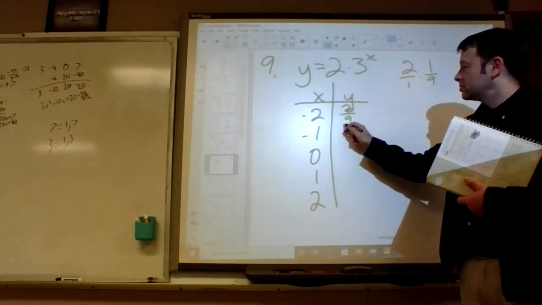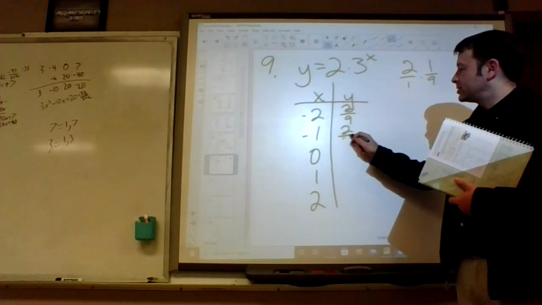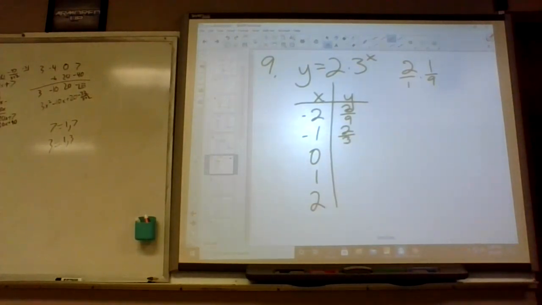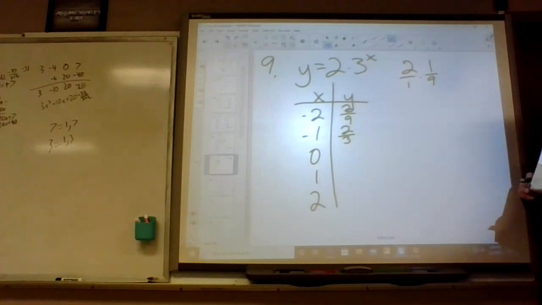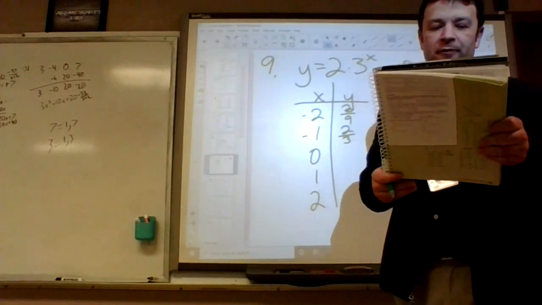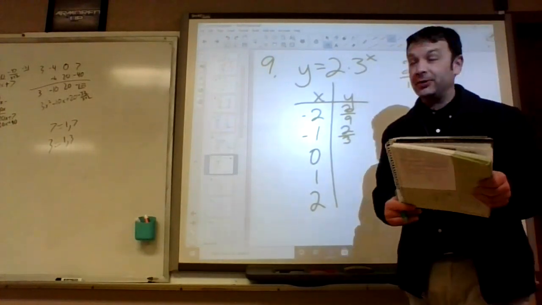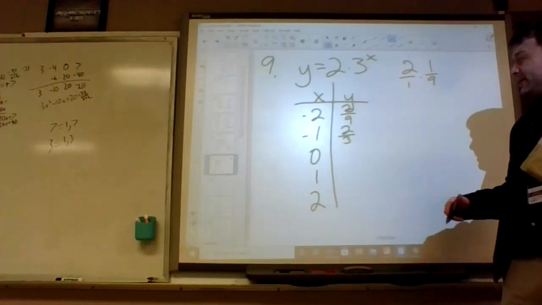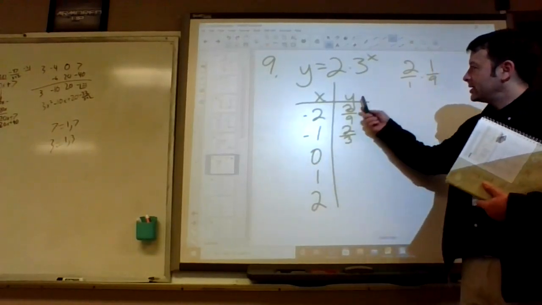What do you guys think the times 2 is doing to this graph? Twice as big. It's making it twice as tall as it would have been otherwise. So it should look like number 5, but be twice as tall. Remember number 5 went up to 9? Okay, 18.